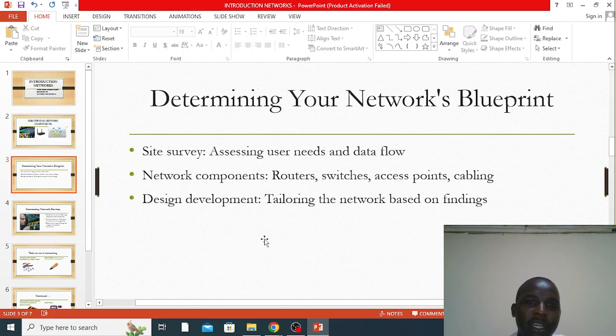We have also the design development. The design development here will come based on the type of the network and the site. So you will consider a good topology that you will use to ensure that you provide maximum network coverage within a place.